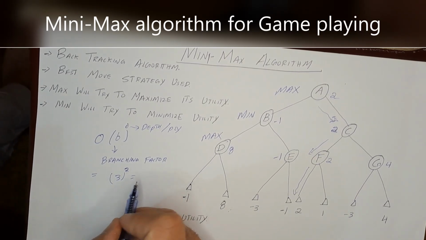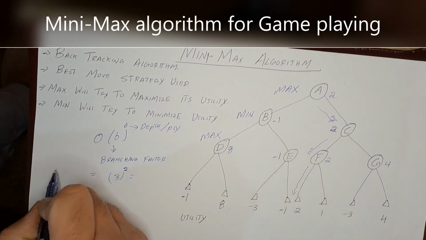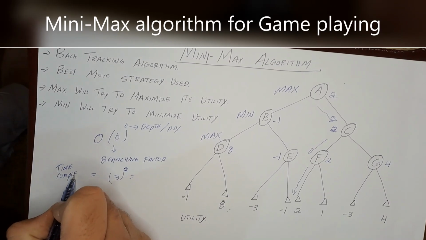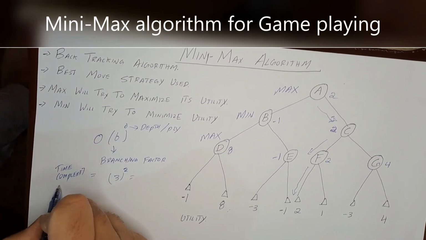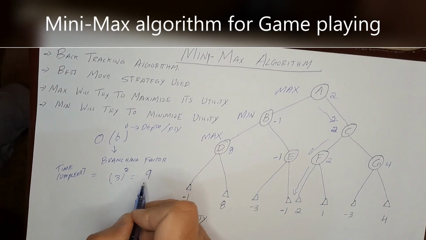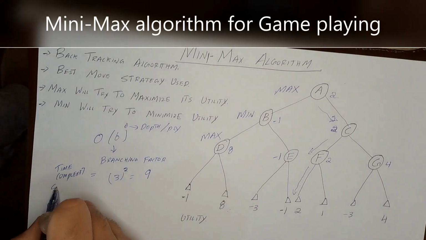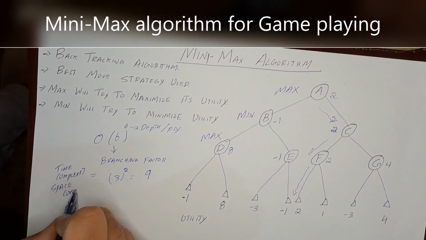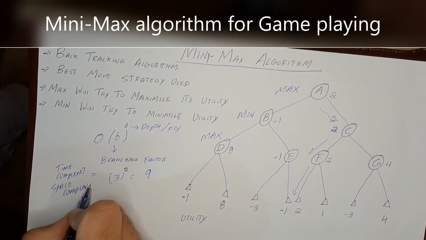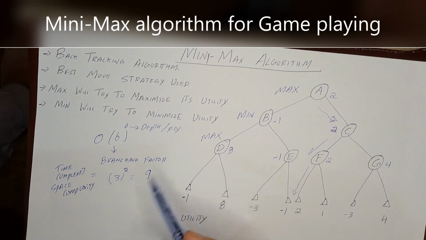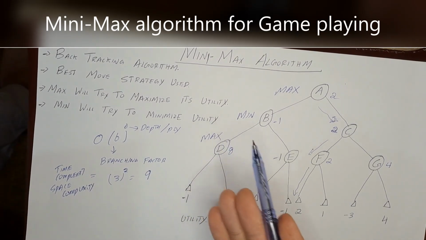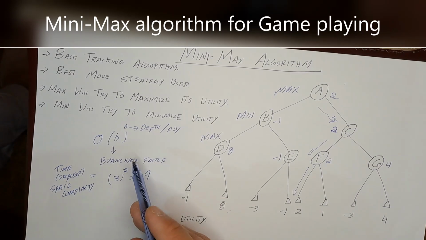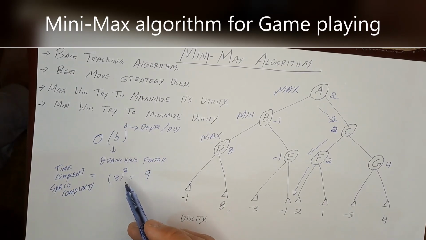So it means we have time complexity and space complexity equal to 9. This is also the space complexity, because in the minimax algorithm they are both the same. So we can see that the minimax algorithm is desirable when we have a smaller number of branches and depth is not too deep.